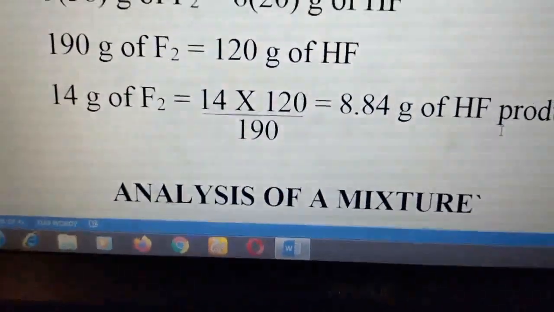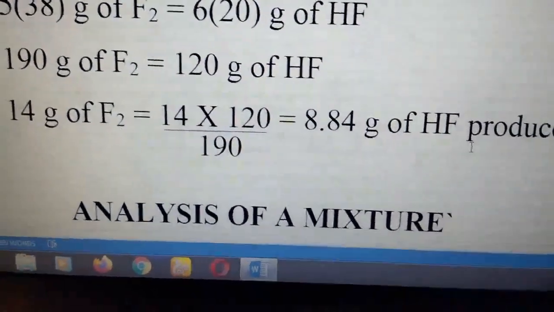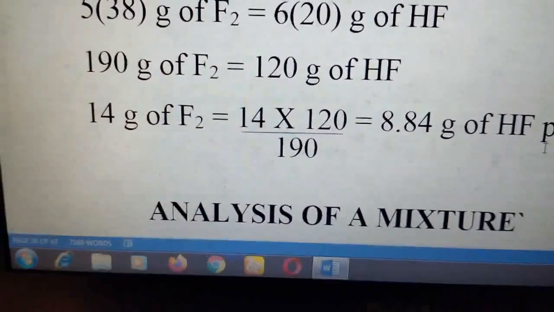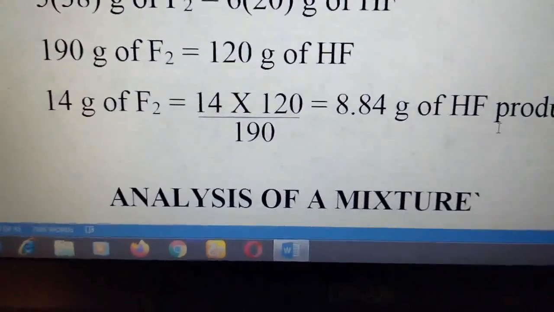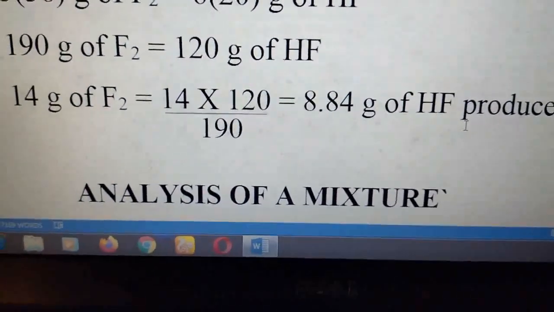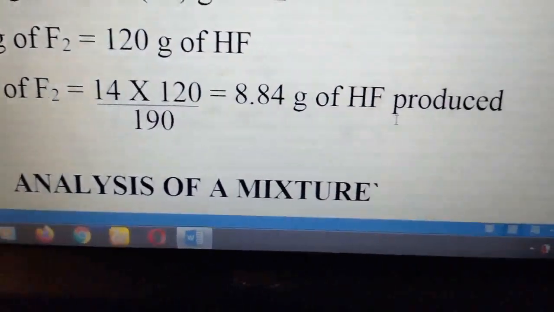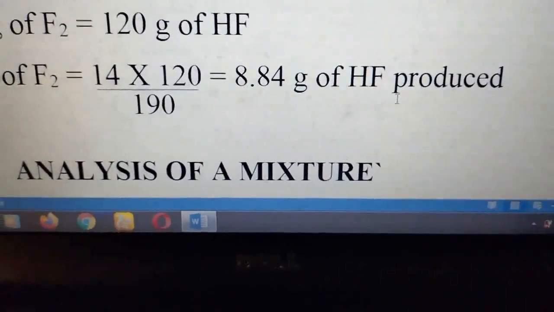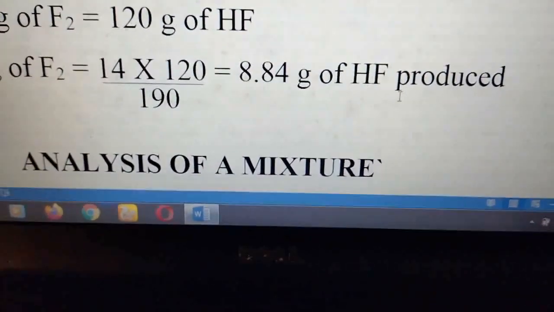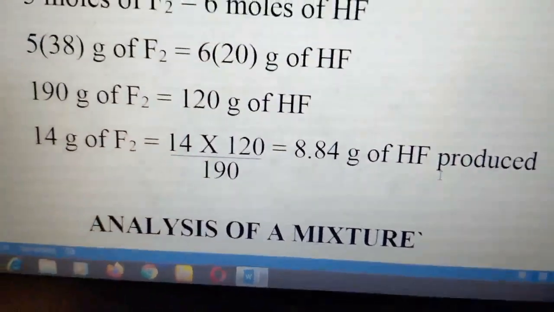So we now have 190 grams of fluorine to 120 grams of HF. Therefore, 14 grams of fluorine given to you in the equation will now give you 14 times 120 over 190. That will give us 8.84 grams of hydrogen fluoride produced.